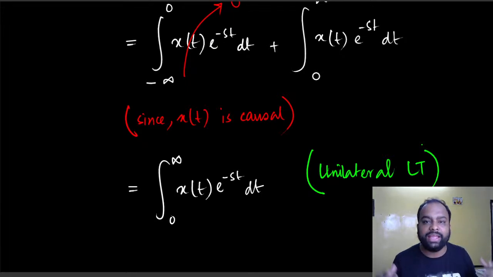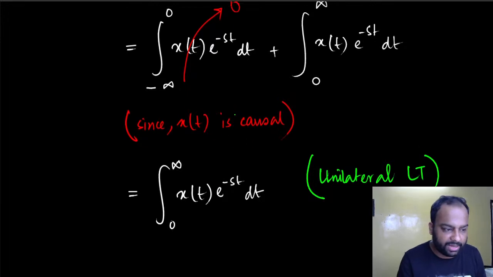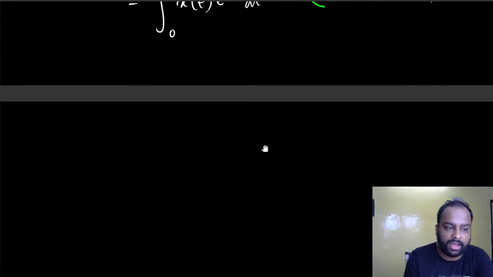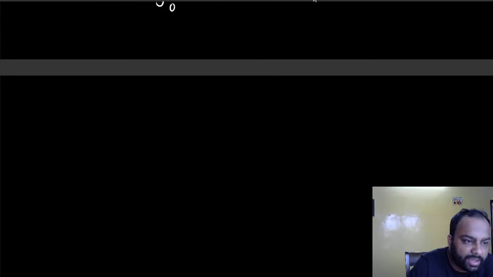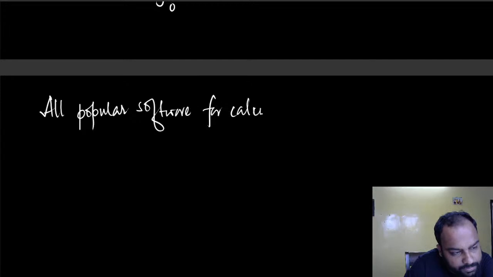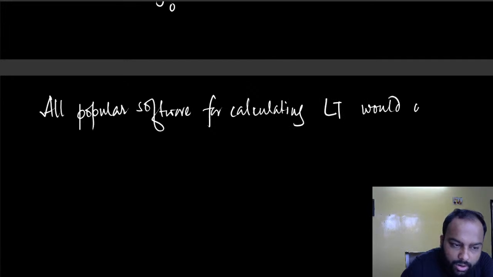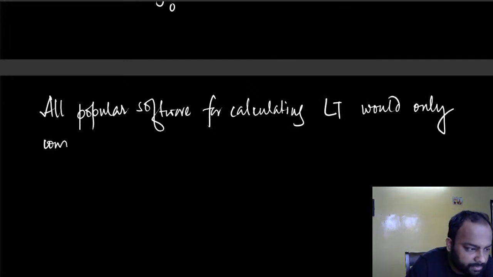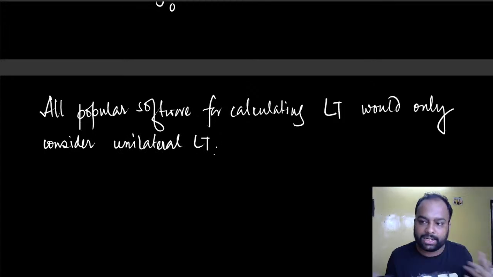And also, doing the bilateral Laplace transform is more or less difficult. And that is why, if you use Python or any software-based tools, because of these reasons, all popular software for calculating the Laplace transform would only consider the unilateral Laplace transform, because that is the most used scenario.